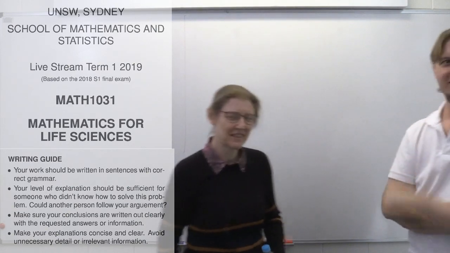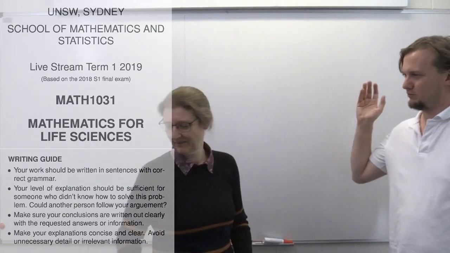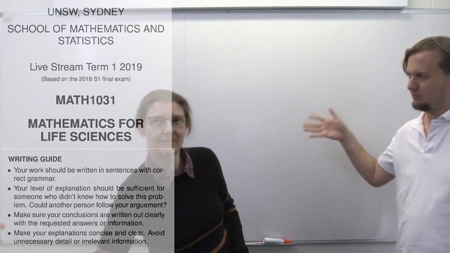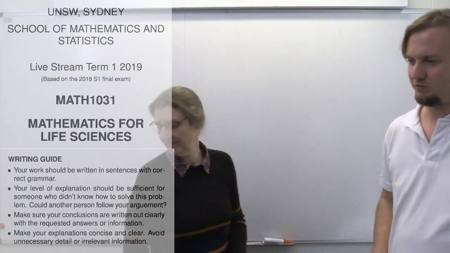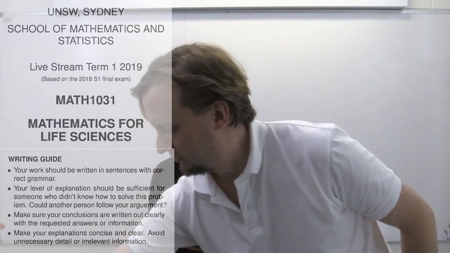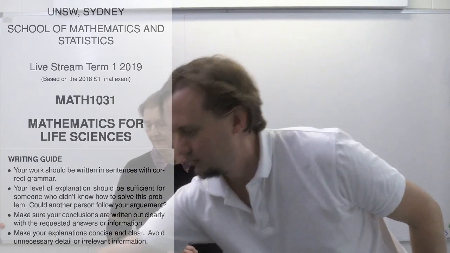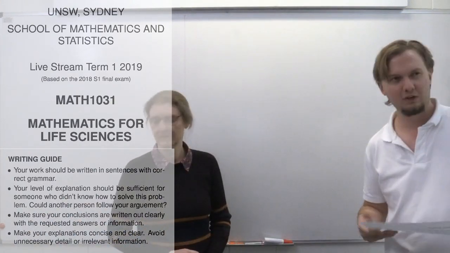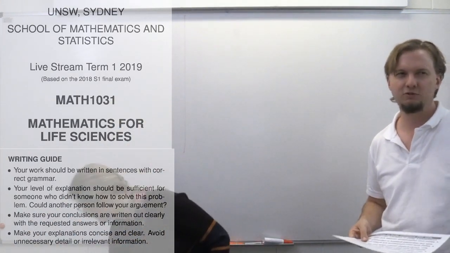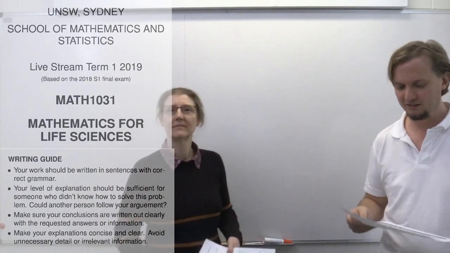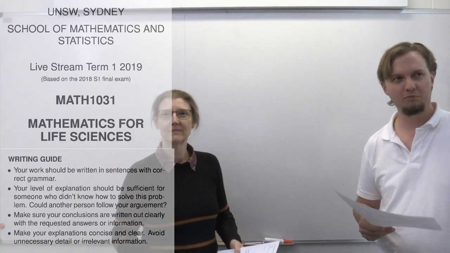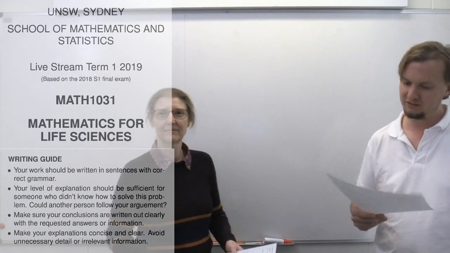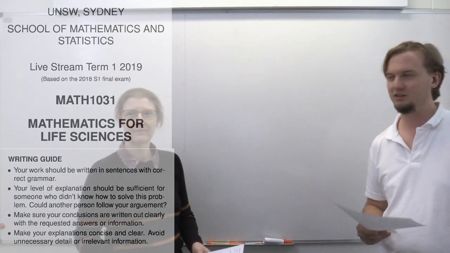Okay, hello everyone. The first thing in the exam is we just want to give you a little bit of a writing guide. This is very similar to the advice you got in your assignment, so we would like you to take any of the lessons you learned from doing the assignment and carry that into the exam. You should be writing full sentences. Sentences should be finishing with full stops.